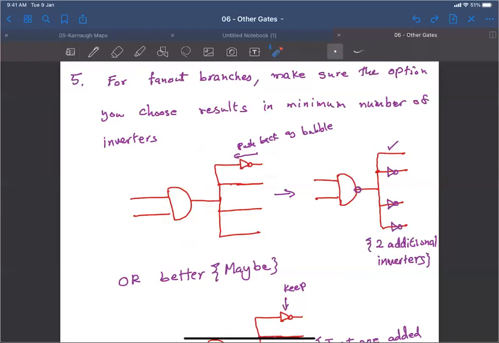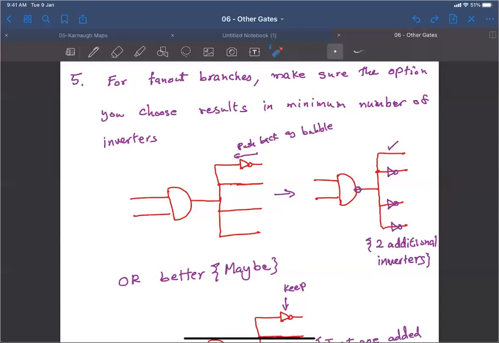Either push this back as your bubble for this AND gate, but then this fan-out branch is okay, but you have to make sure that these branches are not affected. So you have to invert them to maintain the same functionality of the circuit. Do you see that?